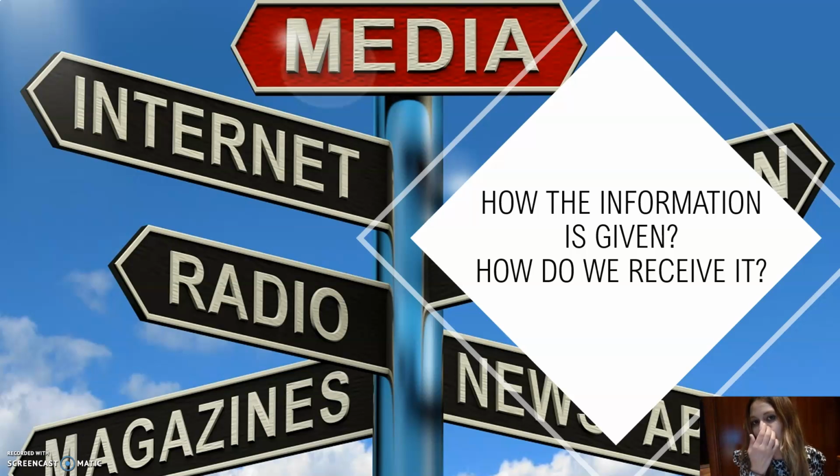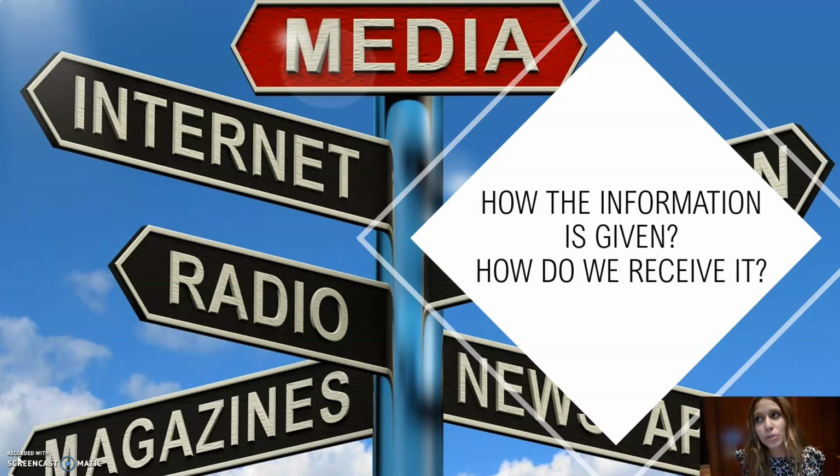We're going to talk about the news, about how the information is broadcast, and how we receive it, how we receive the real facts that are happening nowadays, and which are the common grammar issues we have to take into account if we're going to talk about journalistic language, which is, I think, the way we can call it.